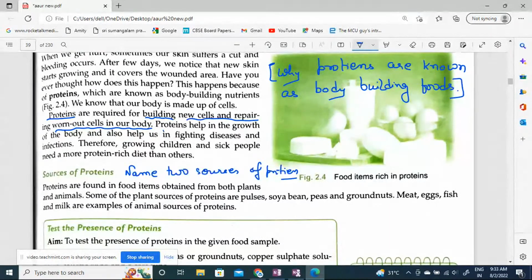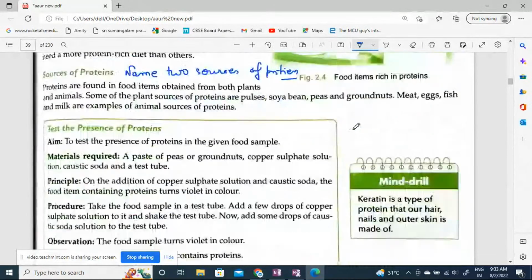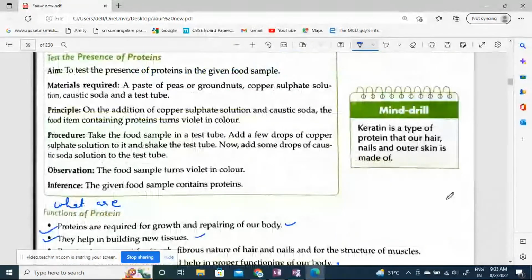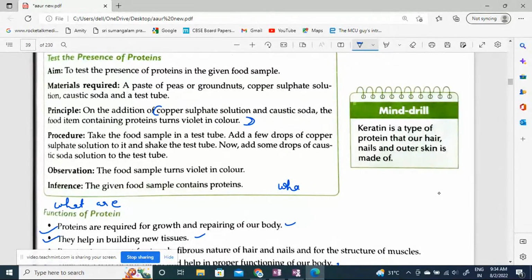Okay, done. After that, the same question: which test is used for protein? What chemicals are required?